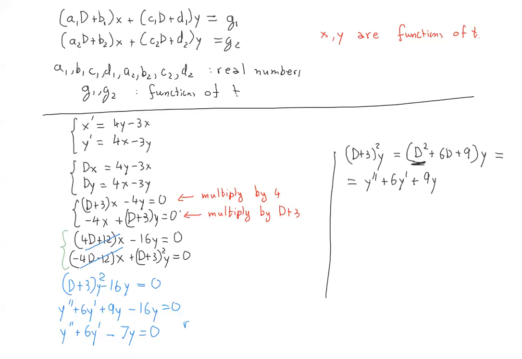The corresponding auxiliary or characteristic equation is r squared plus 6r minus 7 is equal to 0, which means that delta is going to be equal to 36 plus 4 times 7, which is 28 plus 36, which is 64, right?